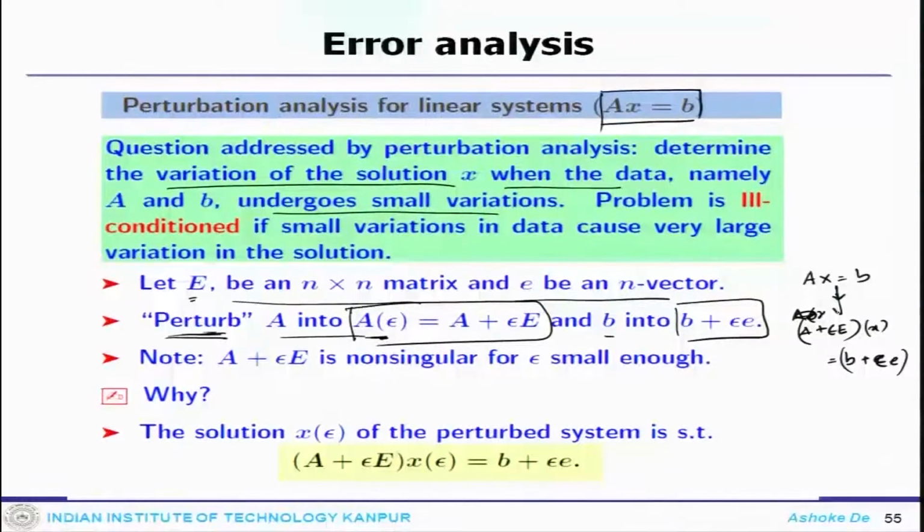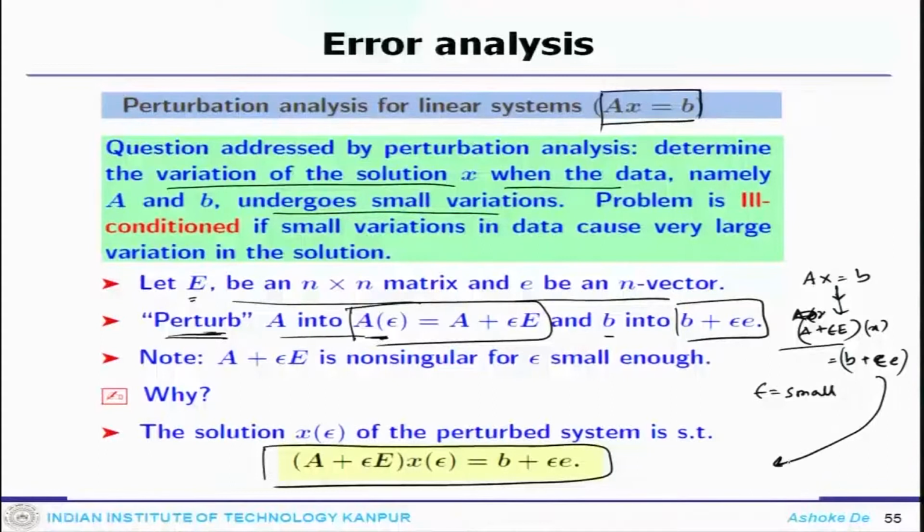This is the perturbed system that we are looking at, and obviously this is going to be non-singular for small enough epsilon. Epsilon is a very small number. Now, the solution x epsilon of the perturbed system is such that (A plus epsilon E) x epsilon equals b plus epsilon e, and this solution is what you get for a perturbation of amount epsilon.